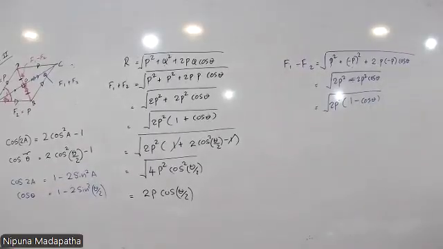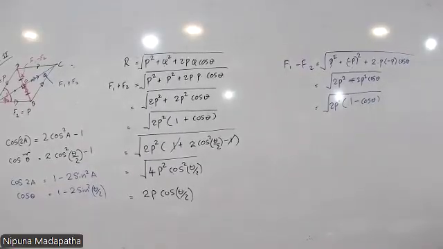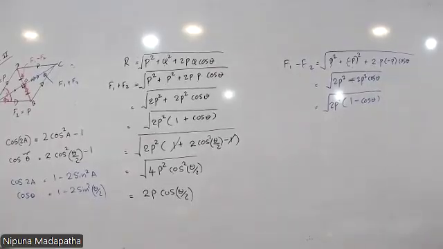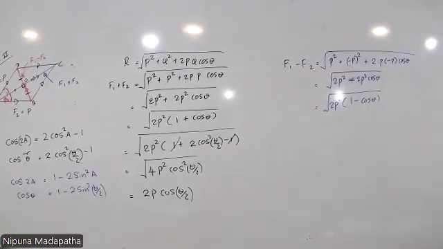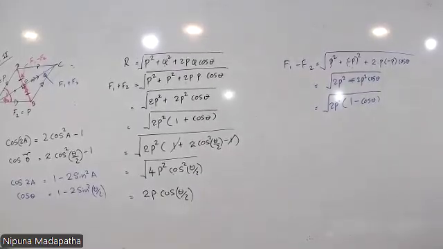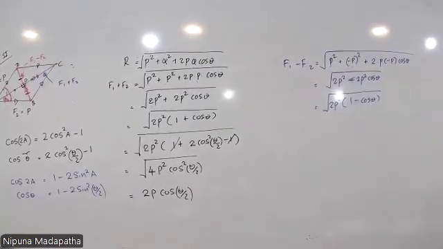Cos theta replace කරගන්න. අතන cos theta වෙනකොට 1 minus 2 sin squared theta over 2 replace කරන්න. Yes. That one? Yeah. No, you can write it directly.